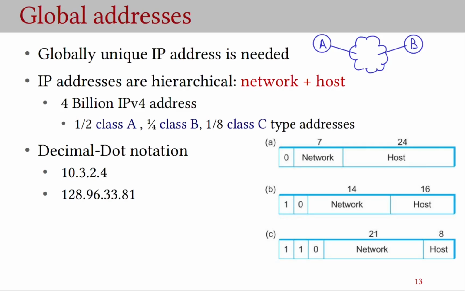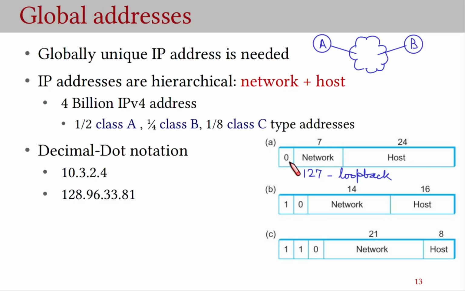Initially, IP addresses were divided into 5 classes: class A, B, C, D, and E. A class A IP address begins with bit 0, and then the next 7 bits are used to assign a network address, and the remaining 24 bits are used to assign the host address.